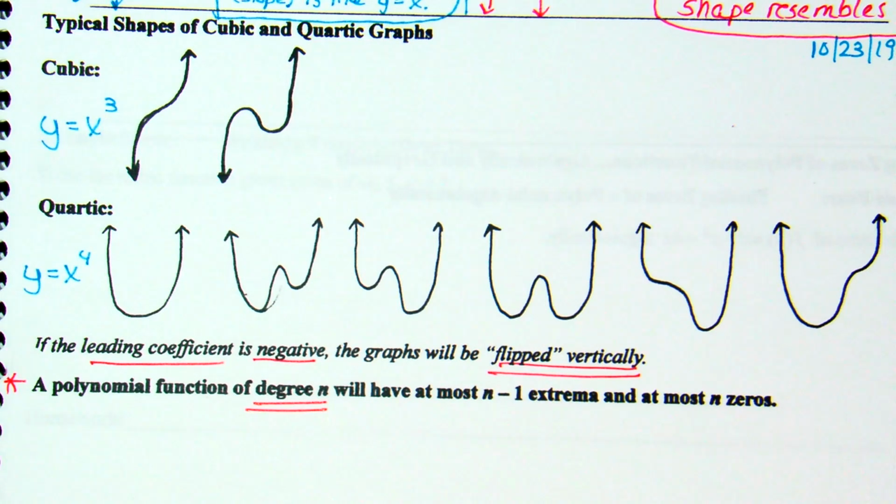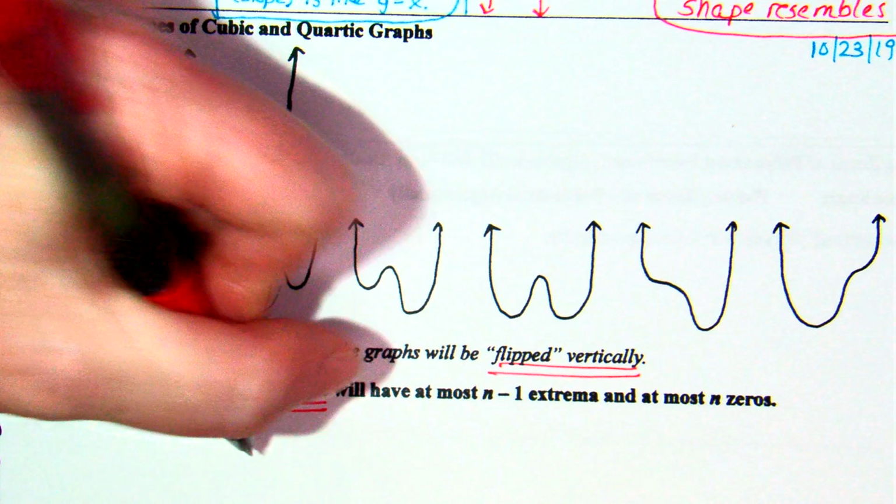What do we mean degree n? How do you find the degree of a polynomial? Exponent. It's the term with the highest exponent, right? So if your highest exponent is an x to the fourth, it's degree 4. Now, for example, let me use this example.